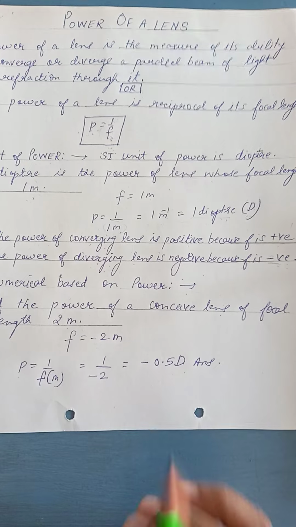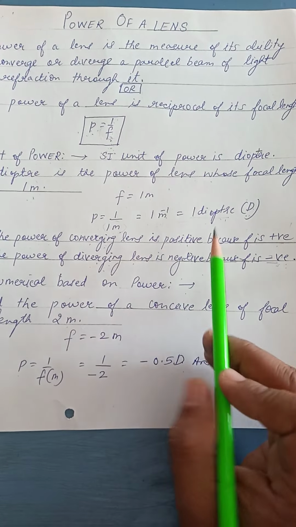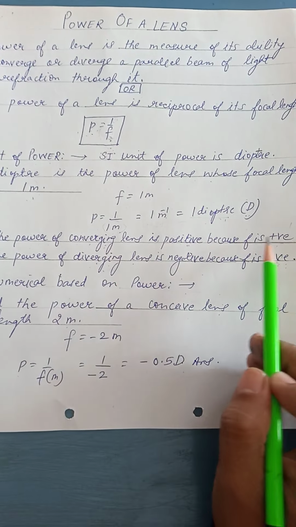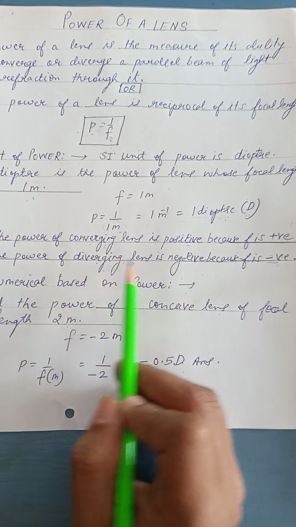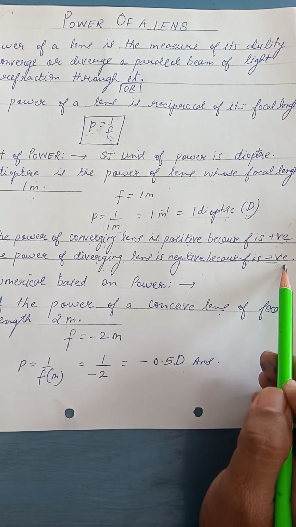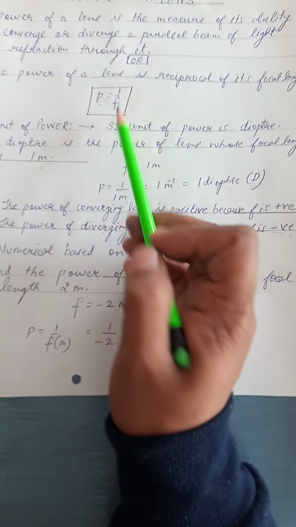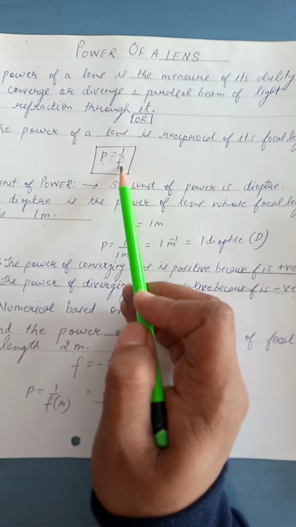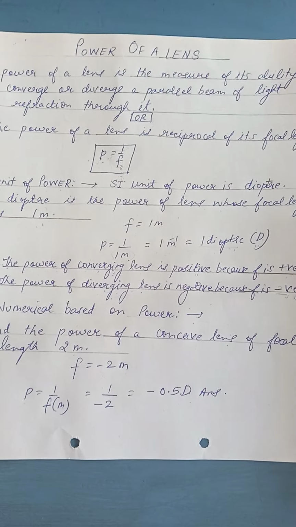Two important things that you have to remember here: the power of the converging lens is positive, because in the case of the converging lens the focal length would be considered as positive. The diverging lens power is considered as negative, because the focal length would be considered as negative. You will write the formula 1 by f, but after writing this formula you have to consider whether it is converging or diverging.